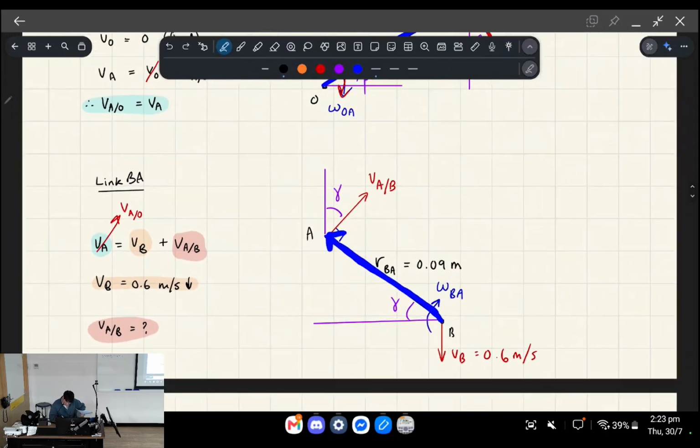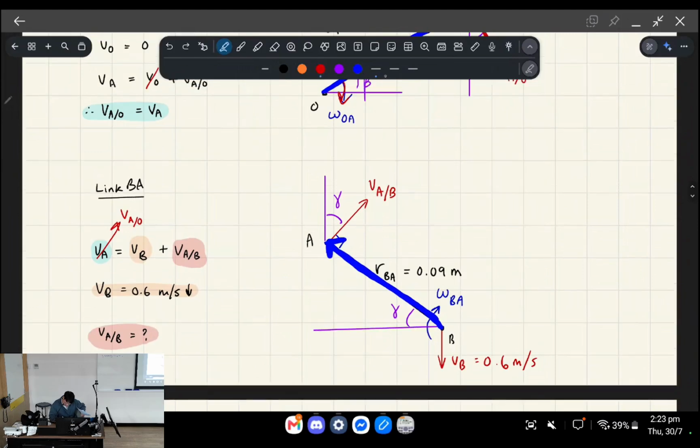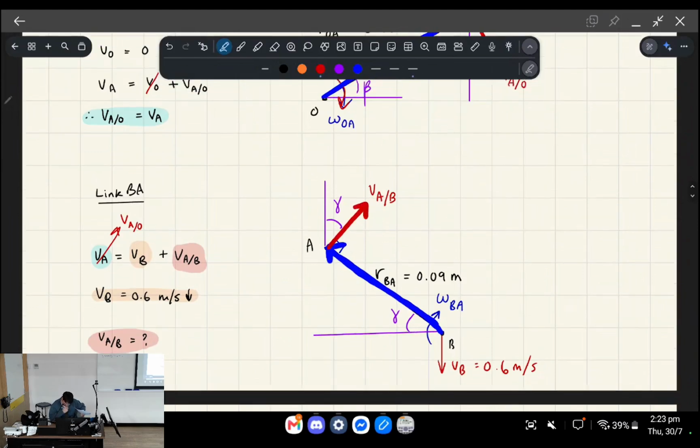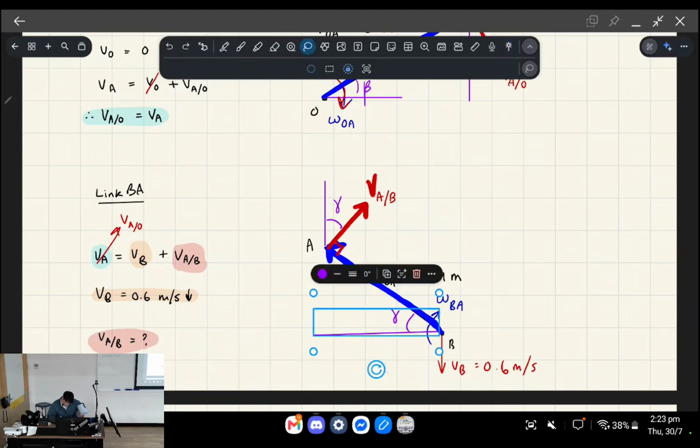So what we're interested in, essentially, is these velocity vectors. We're interested in the velocity of A relative to B, and we know that this is at a 90-degree angle from the rod. We found out how much the rod is inclined from the horizontal, so we do a similar thing where this has to be 90 degrees, or perpendicular, from it.